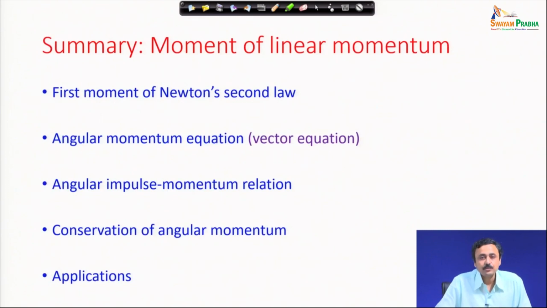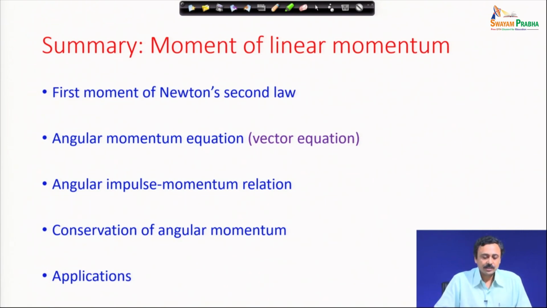To summarize, we started off by taking the first moment of Newton's second law and defined a quantity called angular momentum, which is the moment of linear momentum. This angular momentum equation once again is a vector equation. Then by integrating over time, we obtained the angular impulse momentum relation.